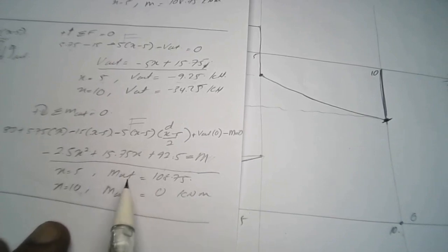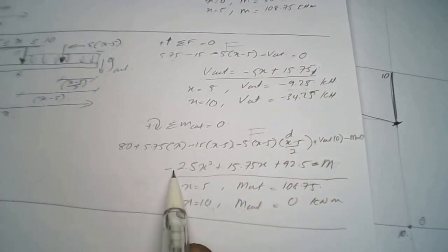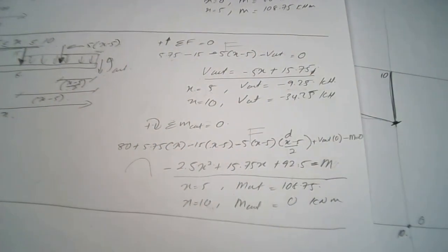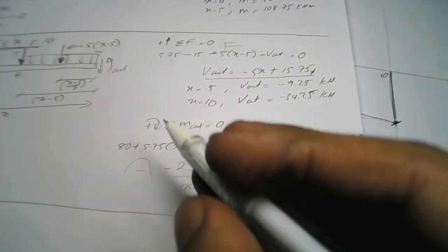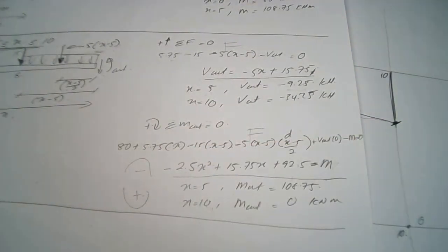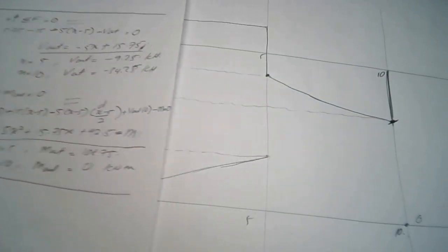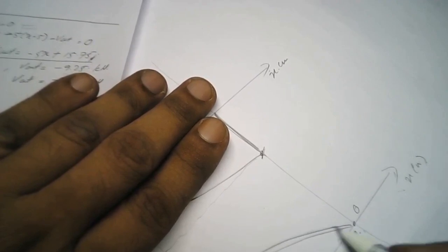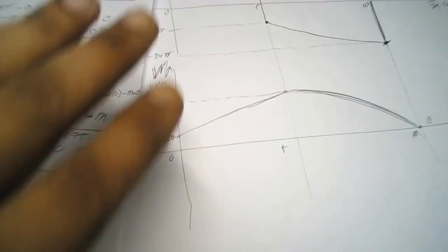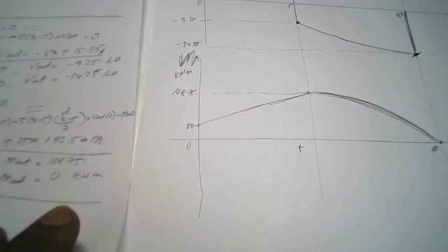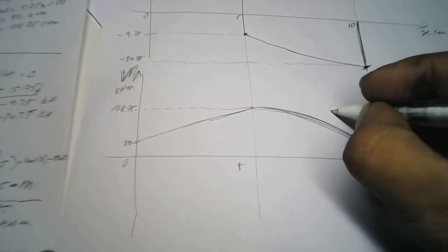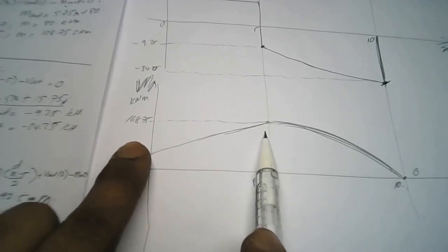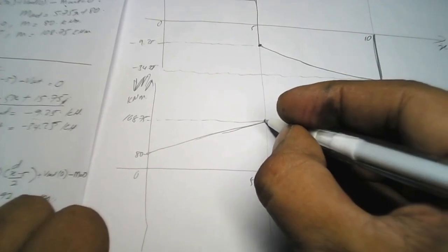If it's negative, your trend of your graph will become like this one, sad. If positive, you will get this kind of trend. Then you draw this quadratic graph here. So the maximum bending moment here is 108.75 at this point.